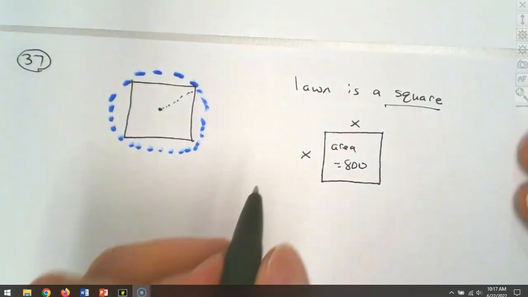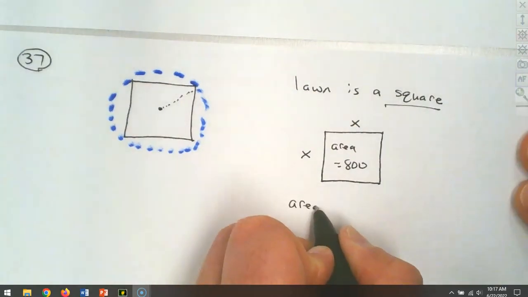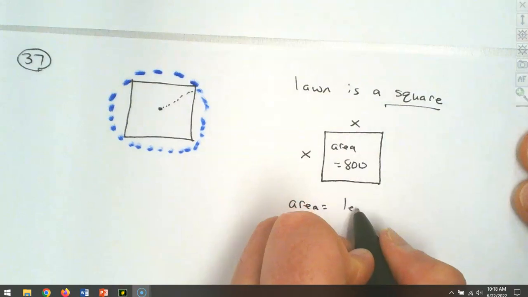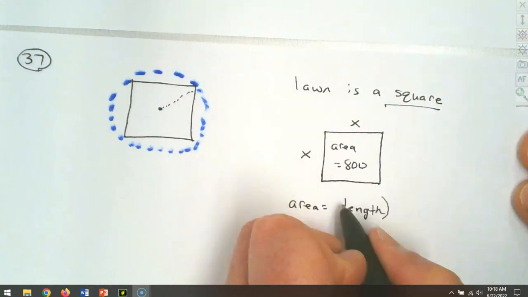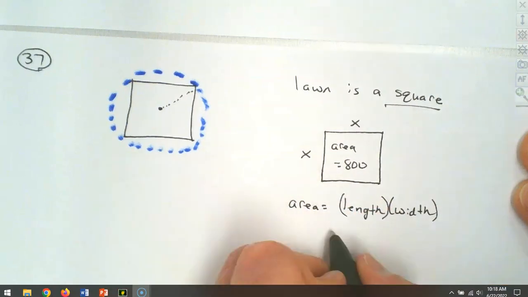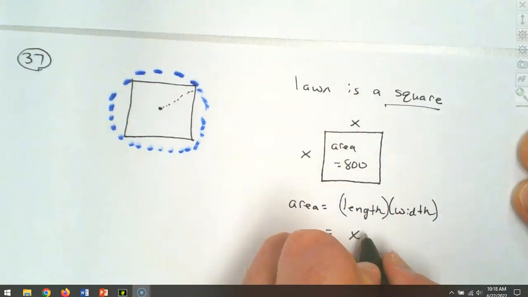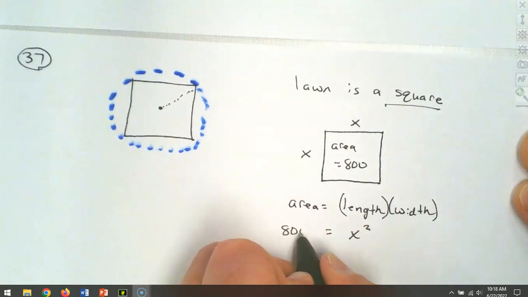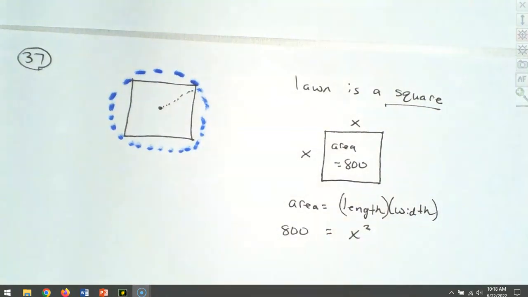And what do we know about the area of a square? Well, the area is the length times the width. So that is x times x, which is x squared. And we know now that x squared is going to be what? 800, because that area has to be 800.